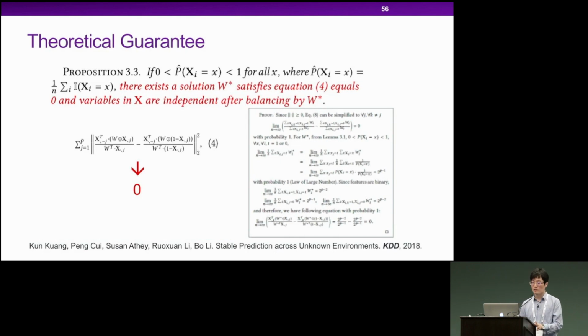So suppose we can find these sample weights, okay, then like the propensity score reweighting way, we can form a new distribution, right?